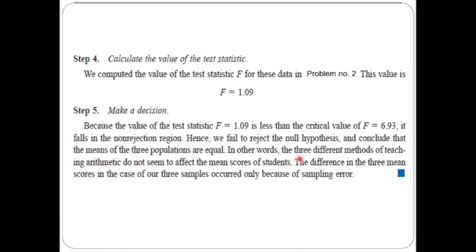Or in other words, the three different methods of teaching arithmetic do not seem to affect the mean score of students. The difference in the three mean scores in the case of our three samples occurred only because of the sampling error.